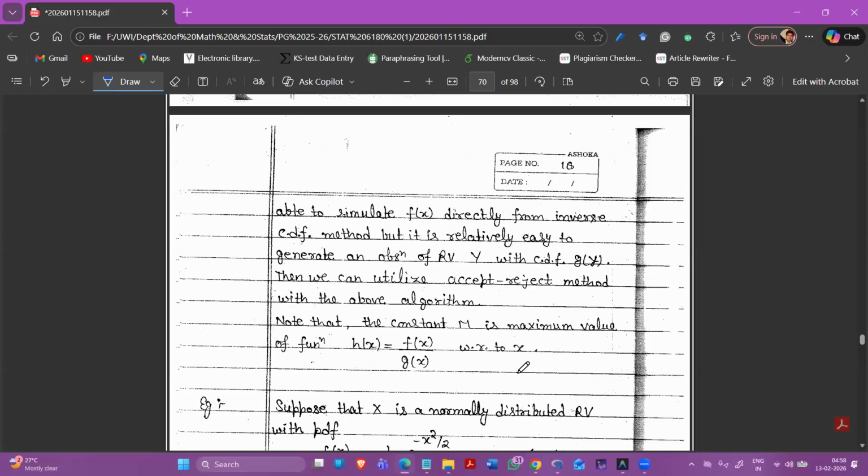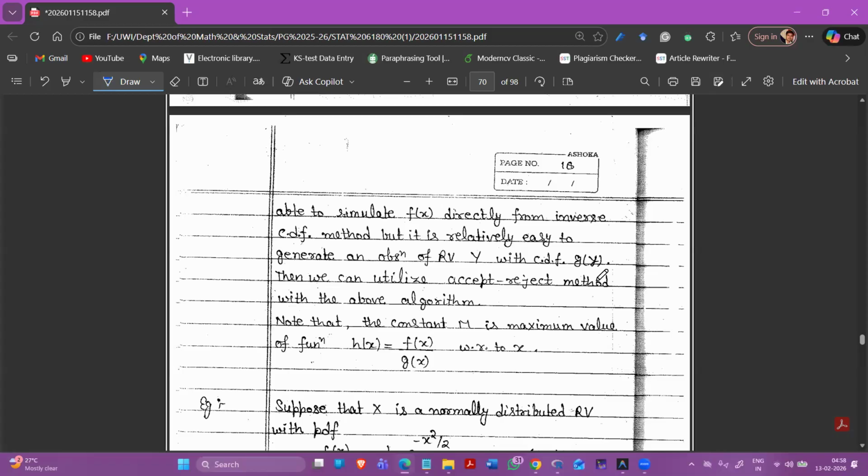Because in the Cauchy and in the normal, whatever the parameter value you put, the shape will remain bell curved only, right?